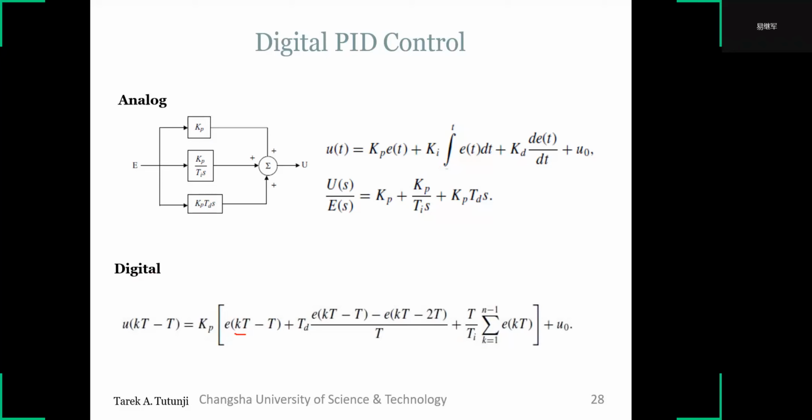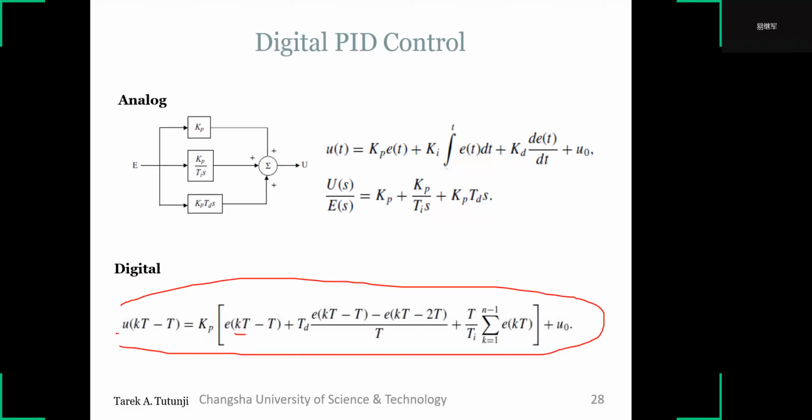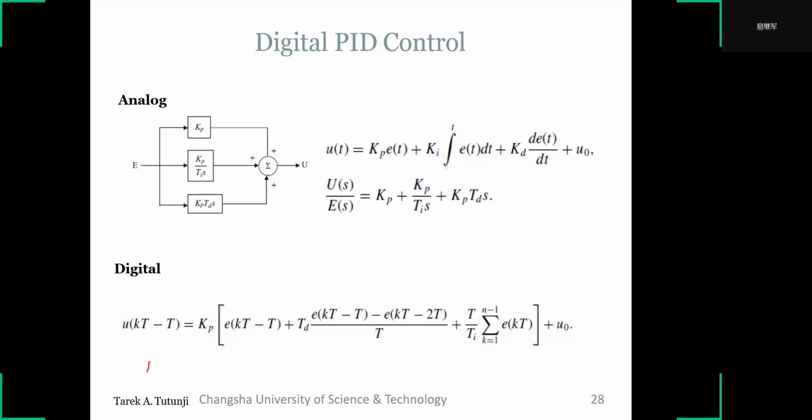So if we change this equation, this is U(k). We can change U(k) to U(k minus 1).